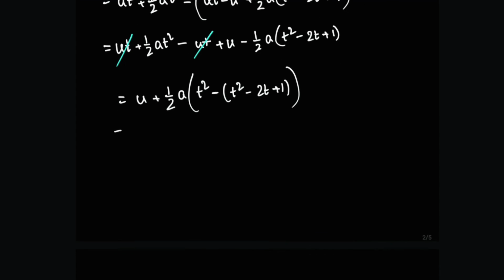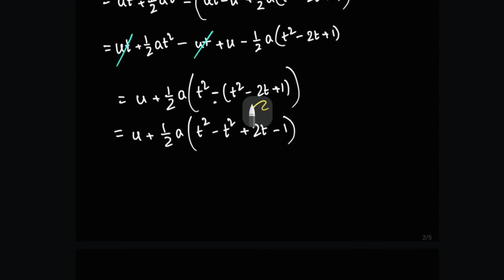You further simplify this and you get half a times t squared minus t squared plus 2t minus 1, since you have a minus over here.